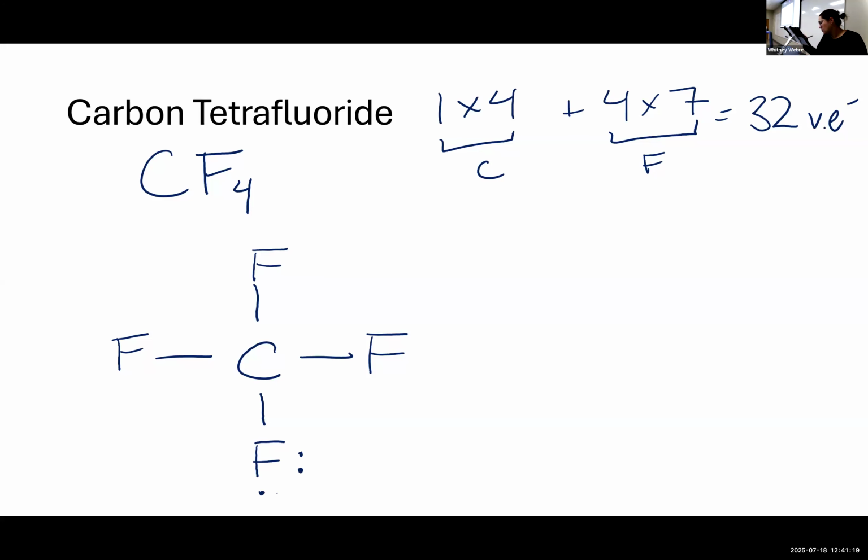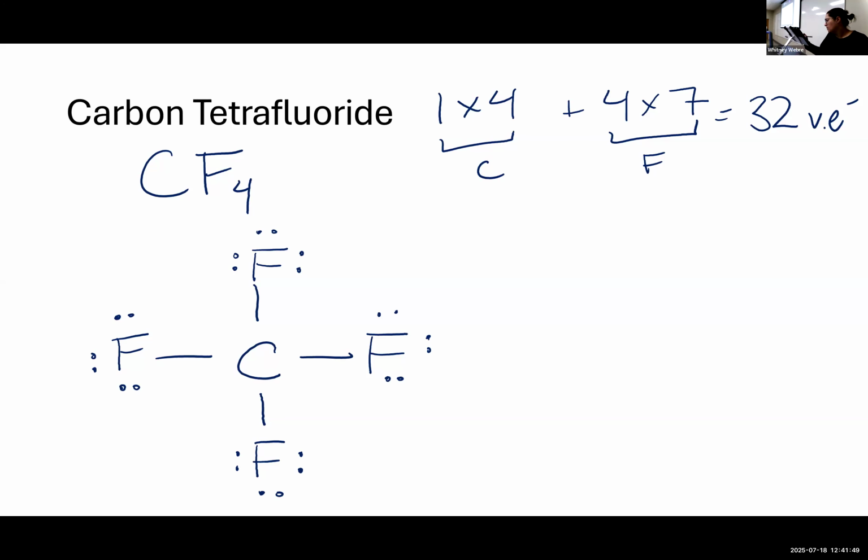10, 12, 14, 16, 18, 20, 22, 24, 26, 28, 30, 32. That's it. Now I have to check and make sure everything has a full octet. And if it does, I'm done.